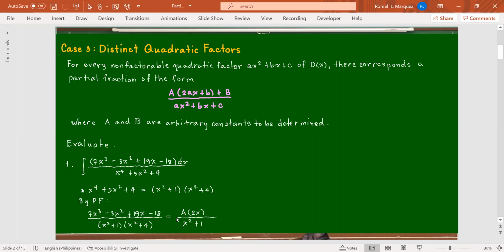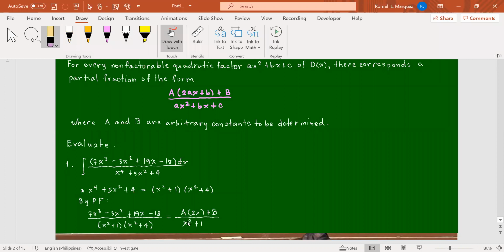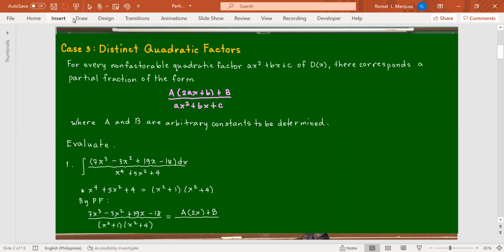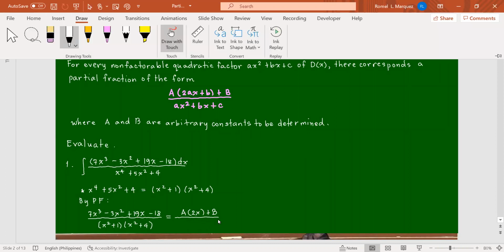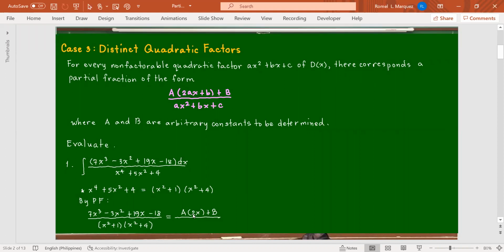And then, of course, in the numerator, you have another term. So let's say B, and it is also an arbitrary constant. Okay, guys? So again, for the numerator, we have A times the derivative of x squared plus 1, which is 2x, plus B, all over x squared plus 1.